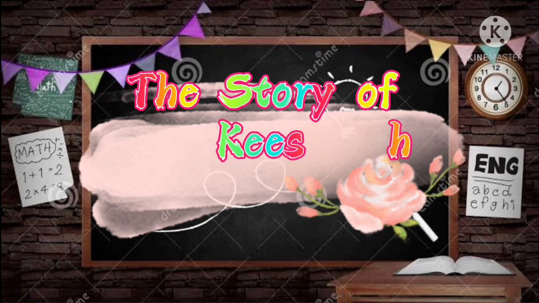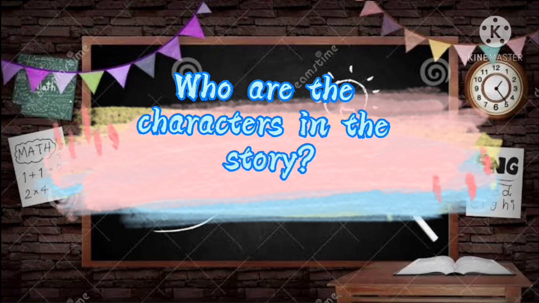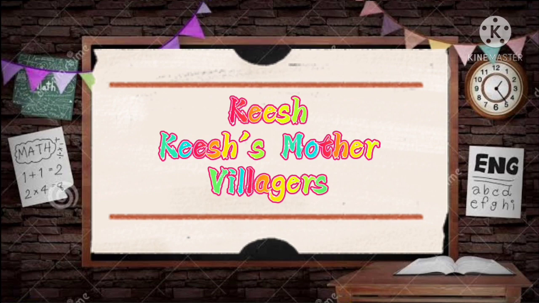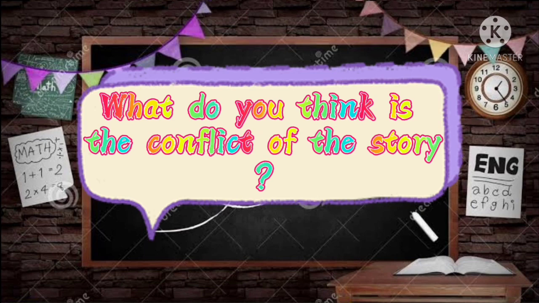Interesting, right? Now, who are the characters in the story? That's right. The characters are Kish, Kish's mother, and the villagers. So, what do you think is the conflict of the story?